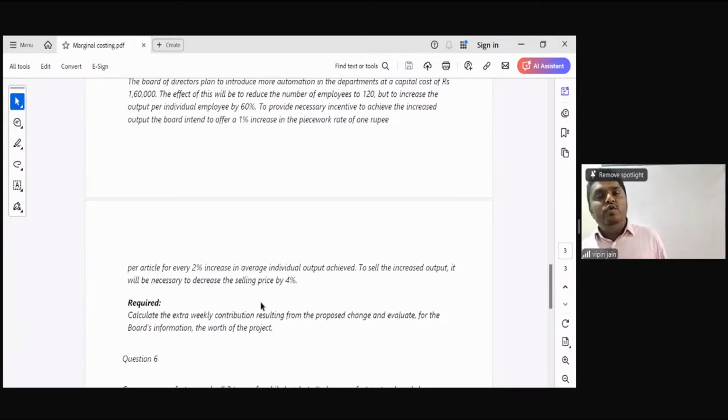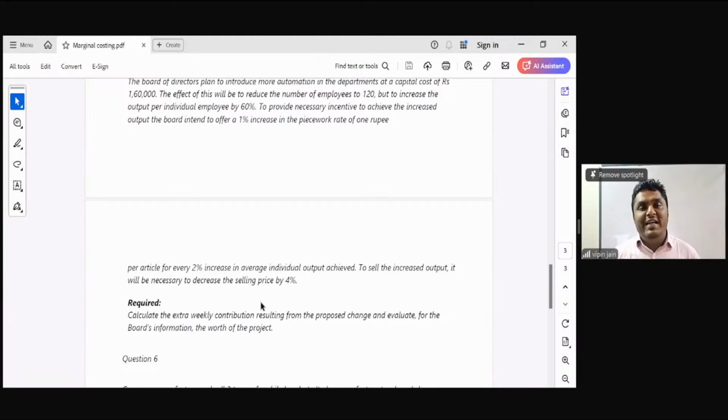So they are making a few changes in this year. First of all, they have to reduce the selling price by 4%. Second thing, they are reducing their employees from 160 to 120. Further, they will be bringing in automation to the department, wherein the employees will be able to achieve output 60% more than the present capacity.